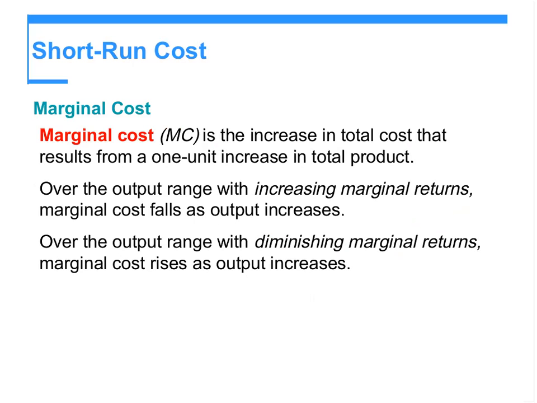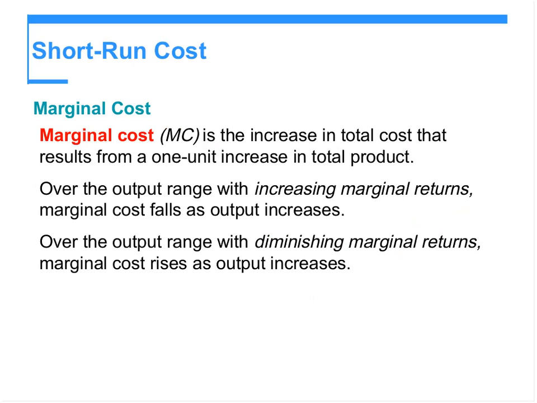So what is marginal cost? Marginal cost is the increase in total cost that results from a 1 unit increase in total product. Like the total product and marginal product that we have, the marginal product is the increase in product when an additional employee is hired, and the marginal cost is the change in total cost that results from a 1 unit increase in total product.